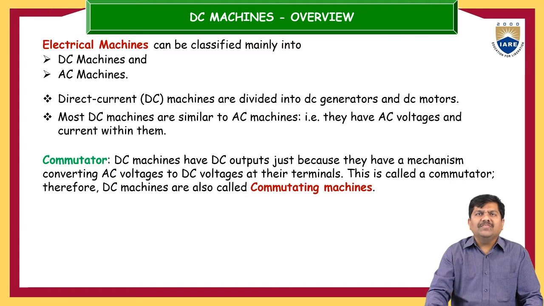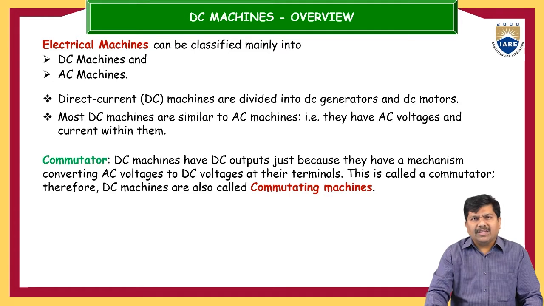After completing these, we are going to talk about AC machines as well. DC machines are more or less similar to AC machines, except at the end of the armature. The armature is a device on which the conducting system is placed, and from that conducting system we extract the electrical energy generated.